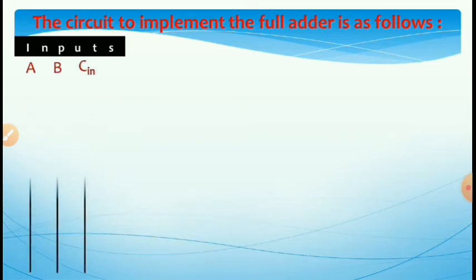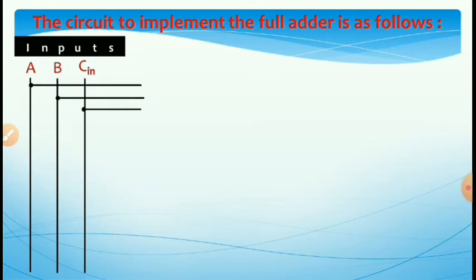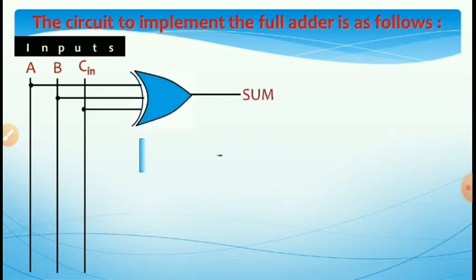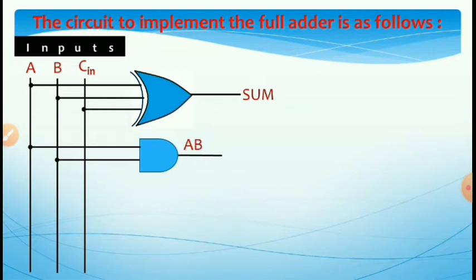So let us have a look at the circuit to implement the full adder, which is as follows. First of all, we take three inputs A, B and carry C in. These three inputs A, B, C are passed through XOR gate and produce sum. Now we take an AND gate and connect it to the inputs A and B. This forms AB.